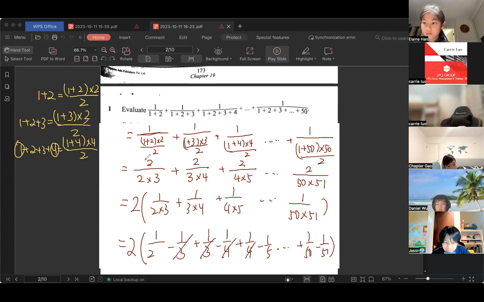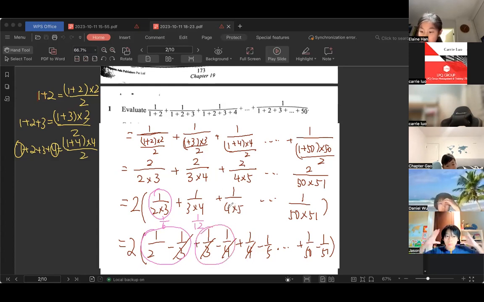So Jason, Oliver, Elaine, do you understand? Right? Okay, I'm going to explain again. Jason, take a look at this one. So this one's 1 over 6, right? Is 1 over 6 equal to 1/2 minus 1/3? Right? This is 1 over 12, so is it equal to 1/3 minus 1/4? Right? Daniel, do you remember? I taught you this before, back when you were still in Shanghai. Okay, 1 over 4 times 5 equals 1 over 4 minus 1 over 5.